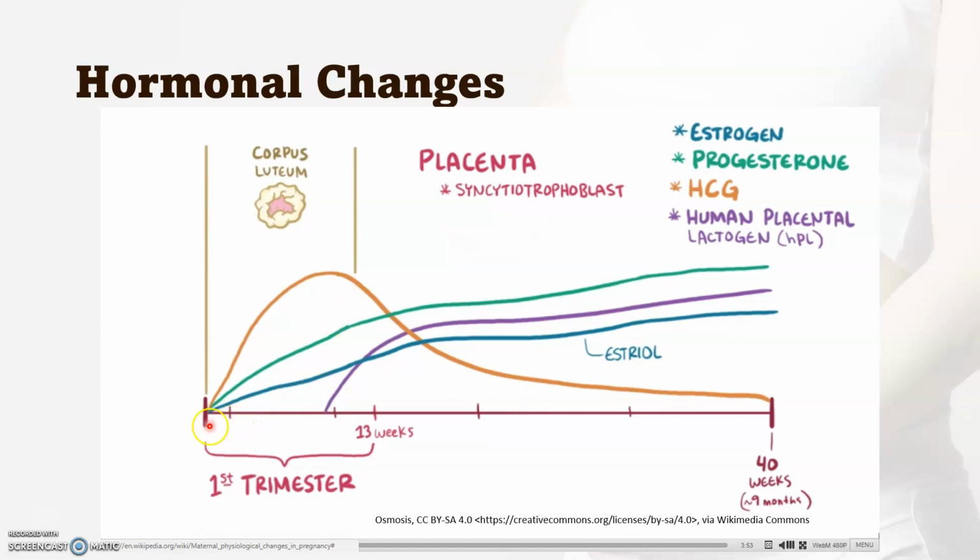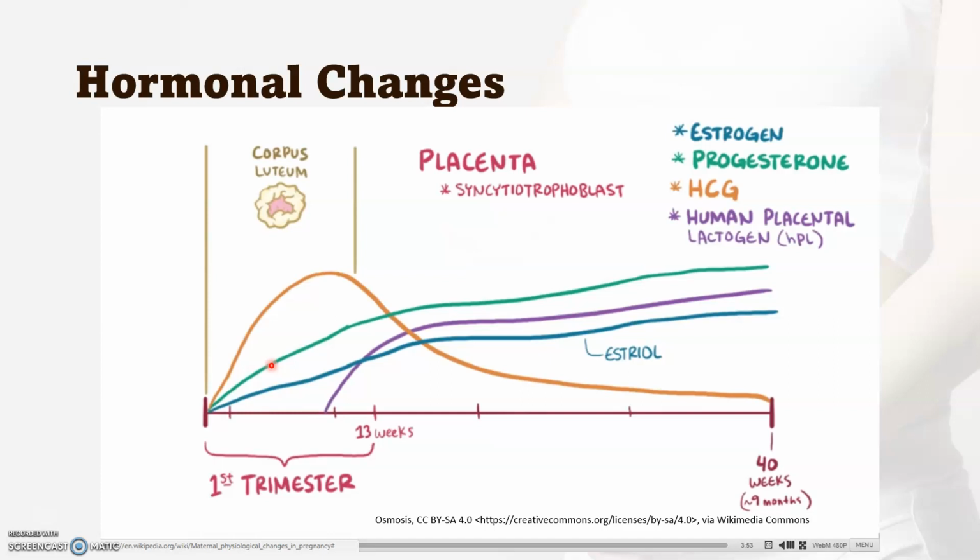The other three hormones that are of concern to us are progesterone, estrogen, and human placental lactogen. The progesterone is involved with the development of the endometrium to facilitate implantation, the development of the uterus, and also is a very powerful smooth muscle relaxant to inhibit uterine contractions as the pregnancy progresses.